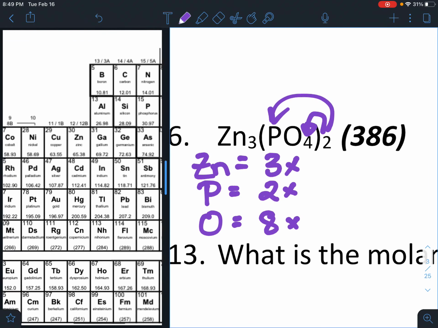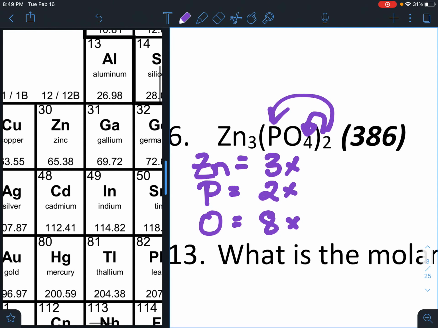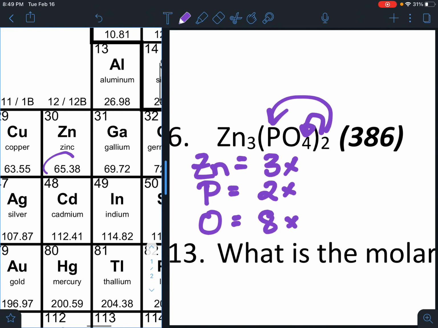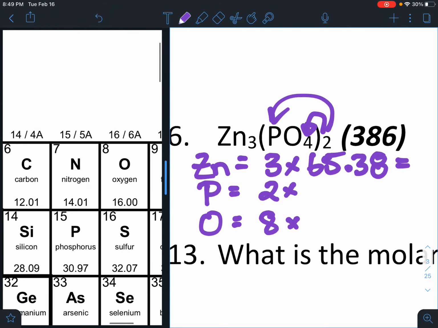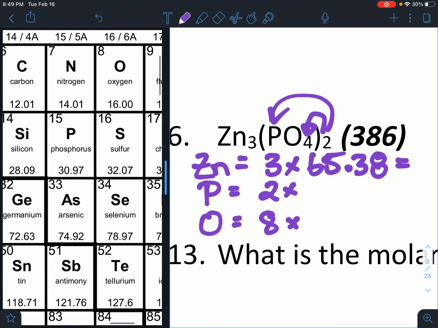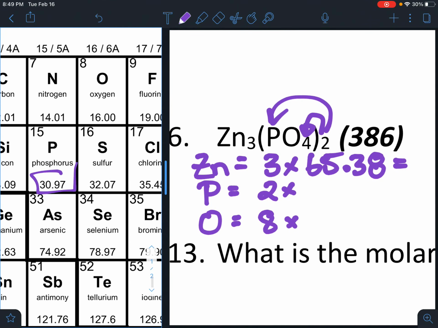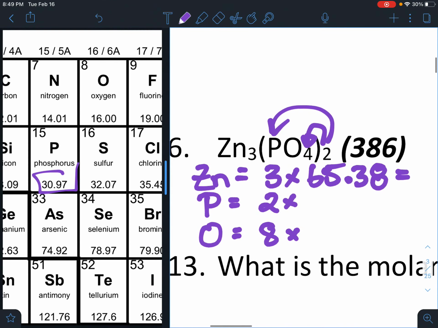And then you want to look these things up on your periodic table to determine the masses and then calculate them out. So zinc is 65.38. Phosphorus's mass, here it is, 30.97.